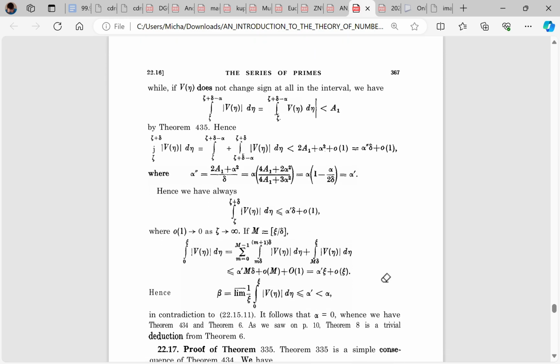Here has absolute value sign. So it's a little interval.